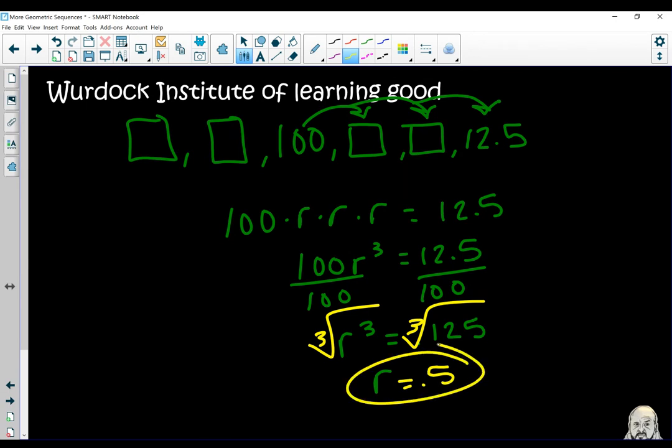Knowing that r equals half, we can actually do this math in our head. Moving forward, each term is half of the previous, so this would be 50, and that would be 25. And that checks out. That looks like 12.5. What you could do, though, is divide by half to work your way backwards, or instead of dividing by half, you could double it. So the previous term is 200 and the initial term is 400.